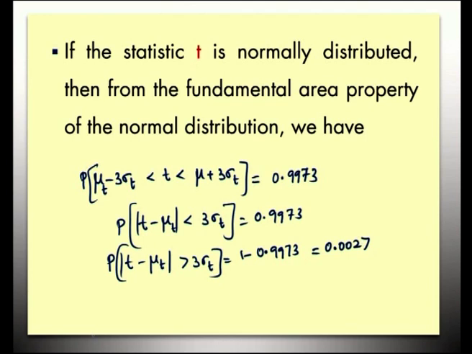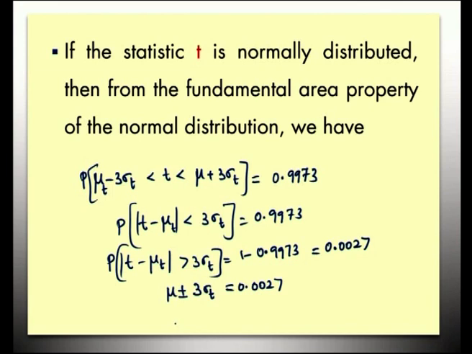In other words, the probability that a random value of t goes outside the 3 sigma limits, mu_t plus or minus 3 sigma_t, is 0.0027. This is considered to be very small, and hence these limits are called upper control limit and lower control limit.